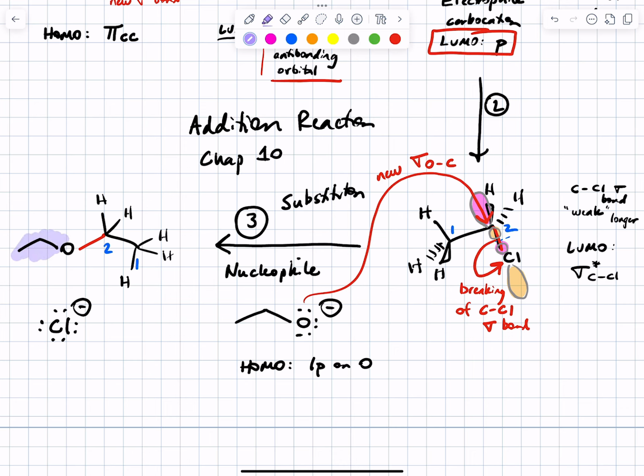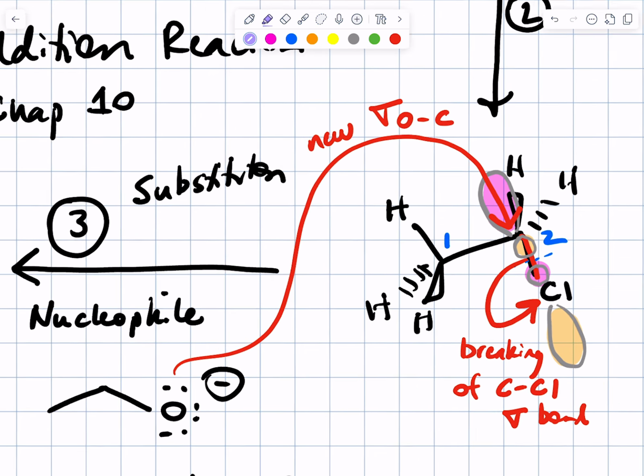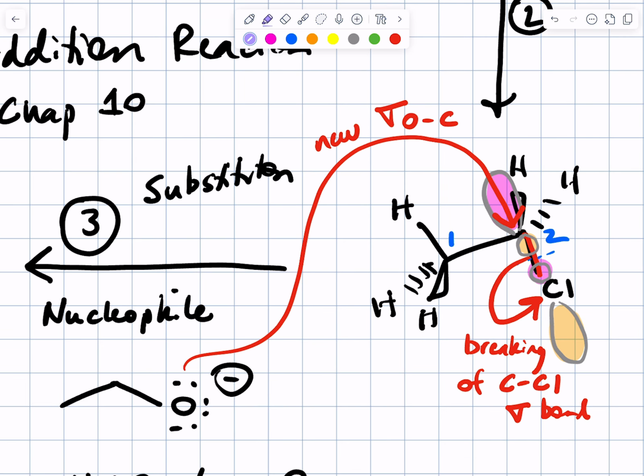After the reaction, this oxygen group is attached to carbon 2, and we call that a substitution reaction. Yes? Is there a reason to label the carbons 2-1 on that? Yeah, because I drew the molecule kind of funny. I need to communicate that oxygen bonds to carbon 2. Carbon 2 used to have the chlorine.